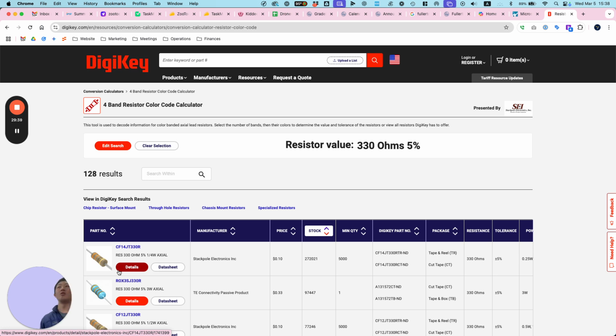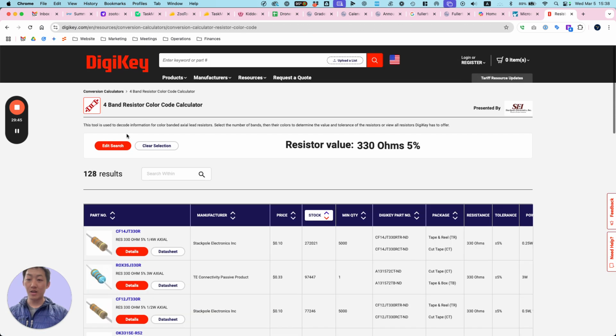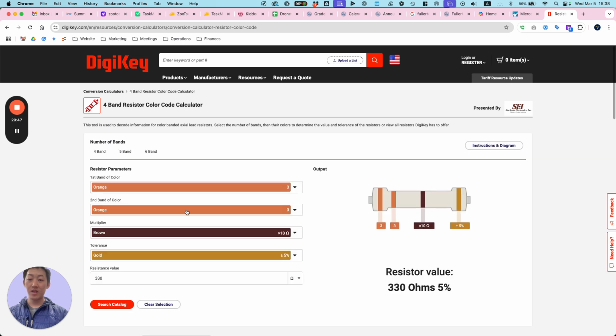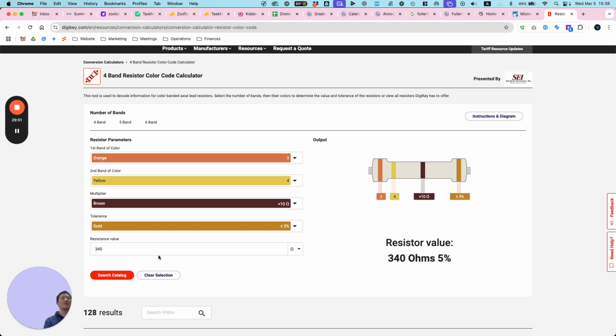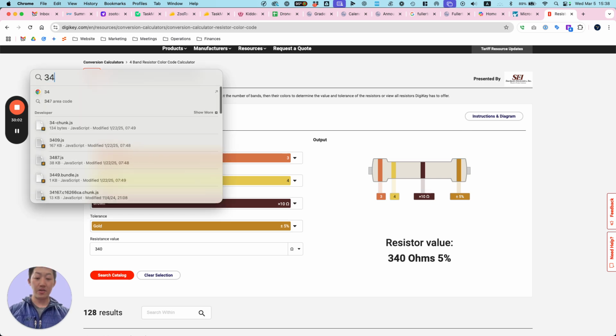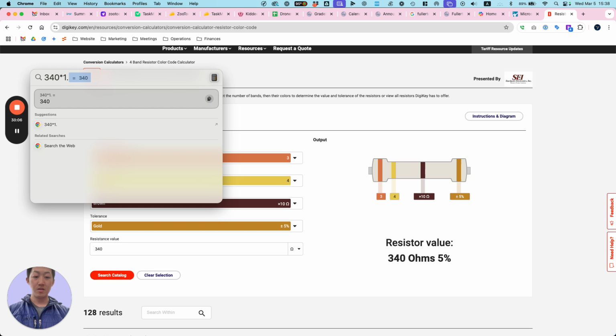And also the tolerance doesn't really matter anyways, because even if we go back to our other one, we had 340, right? Plus or minus 5%. What's 5% of 340? Like 3.4, 340 times 1.05.